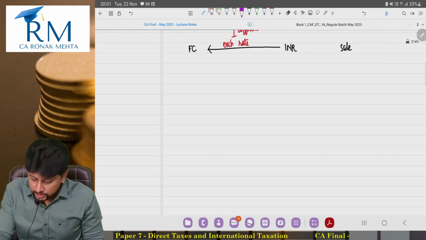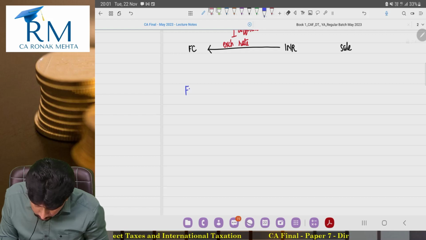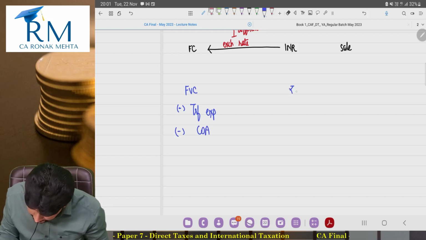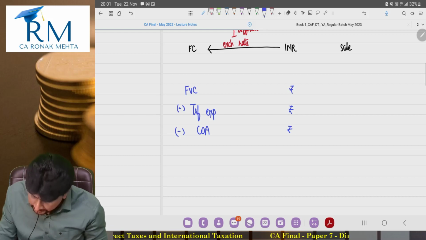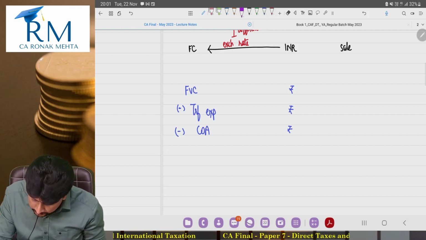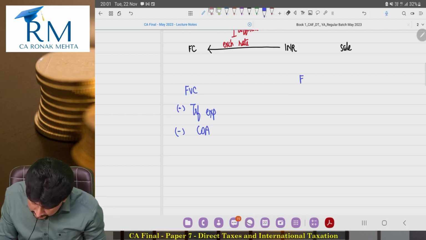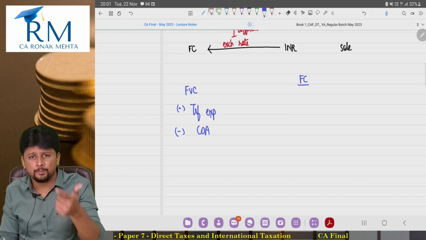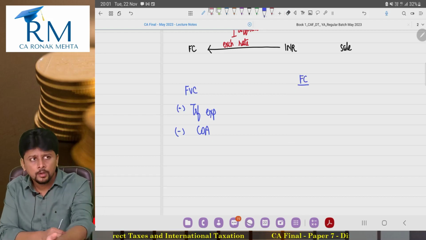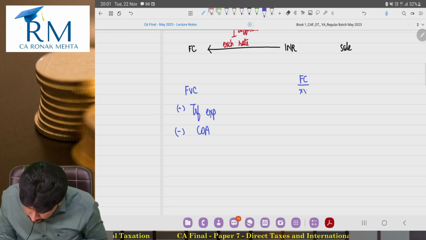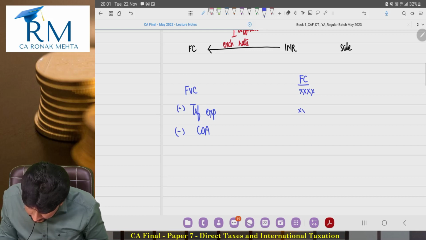Your calculation, full value of consideration minus transfer expenses minus cost of acquisition, instead of being in rupees, will be in the same foreign currency, dollar, pound, euro, dirham, whichever foreign currency you brought into India. Computation will be done in that foreign currency.